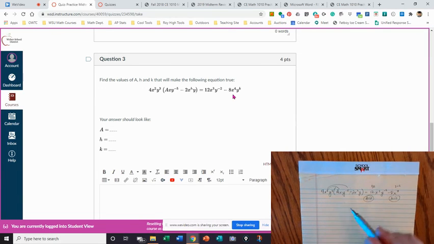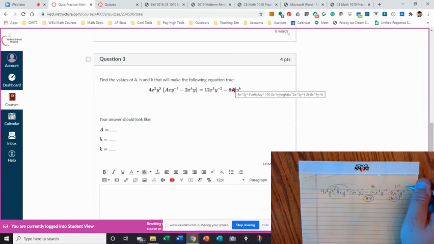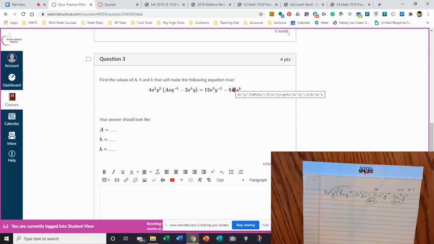And then y cubed times y is y to the power of 4. And over here on the right, I have y to the k, so k is equal to 4. So my answer is just going to look like A equals 3, H equals 2, K equals 4. 3, 2, 4, not 2, 3, 4, 3, 2, 4.